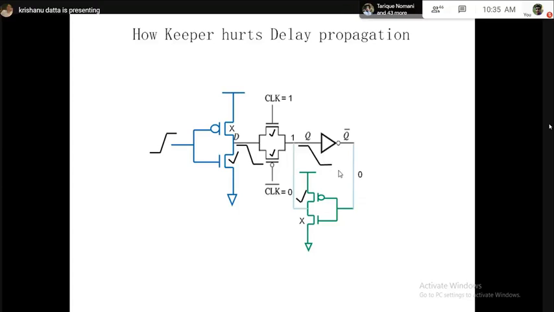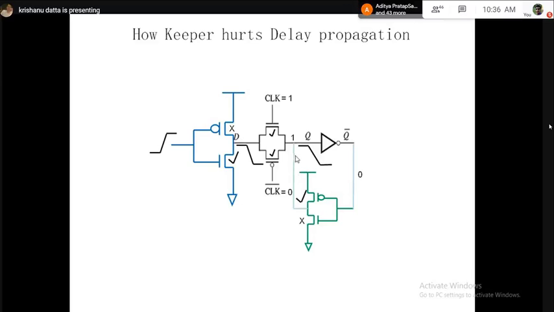Now the problem is that, see carefully what is happening. This PMOS is on, these 2 transmission gate transistors are on, and this pull-down NMOS is on. So you can see there is a direct path: VDD, PMOS, transmission gate, NMOS, and ground. This is called contention. There is a direct path from supply to ground, with all the transistors on from VDD to ground.